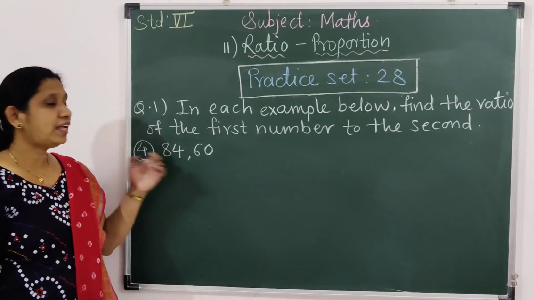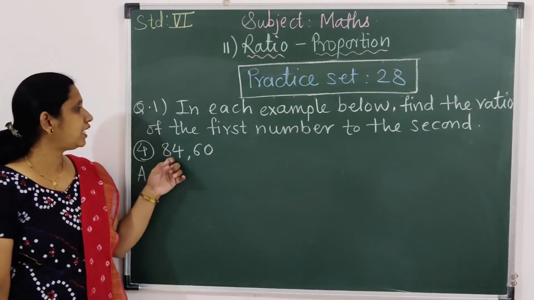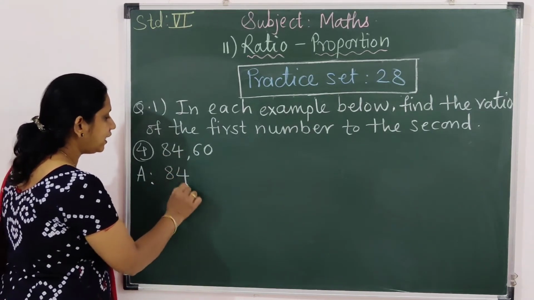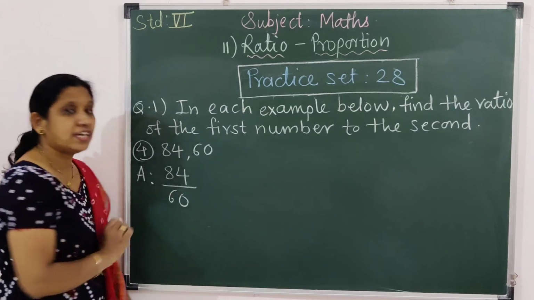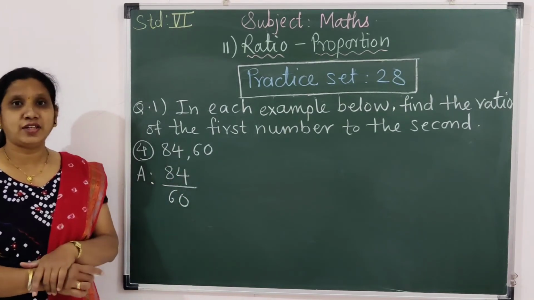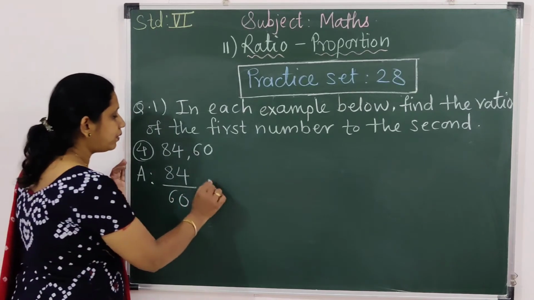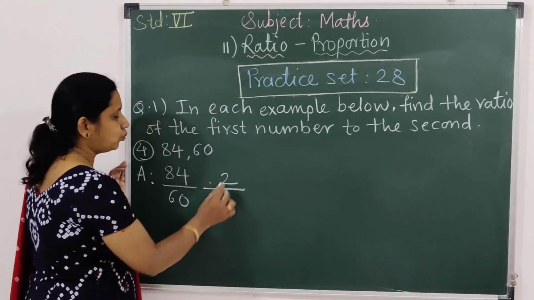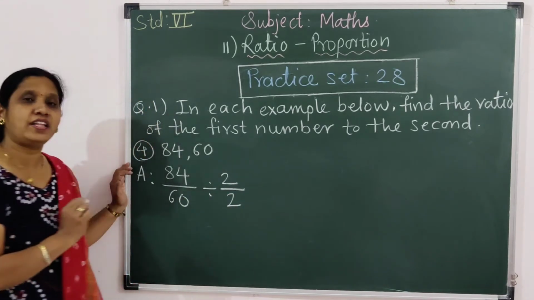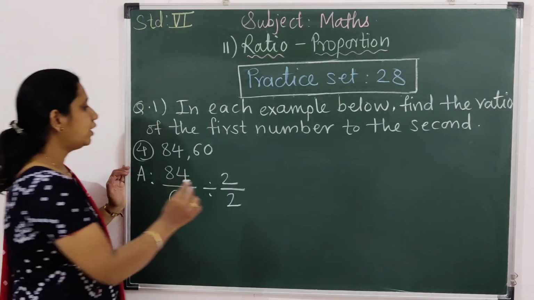See here student, example number 4, numbers are given 84 and 60. So we'll write here 84 upon 60. Children, on unit place digits are 4 and 0 here. So both the numbers are divisible by 2. So we'll divide in the numerator by 2 as well as we'll divide in the denominator also by 2.